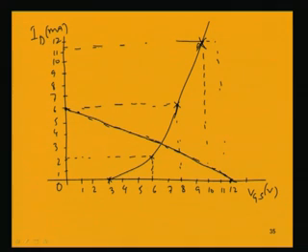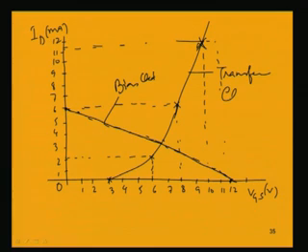So, this is for the bias circuit, and this is the transfer characteristic. The point where these two are intersecting is the Q point, and if you draw to scale, this point will be given by the voltage and the current at this point.